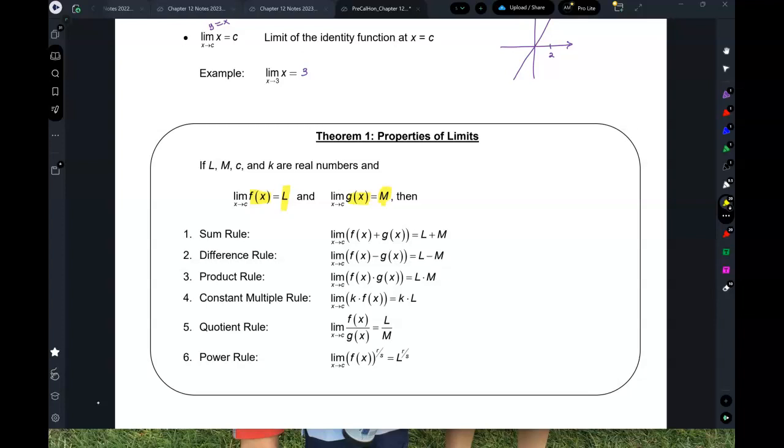If you subtract the functions, the limits will subtract. Multiply, they'll multiply, and so on. And if you raise it to an exponent, it'll be the same.